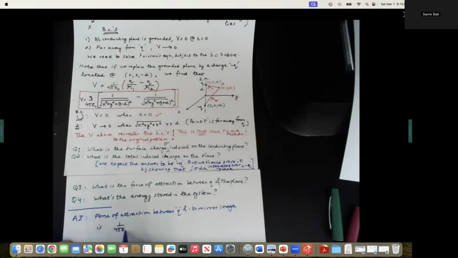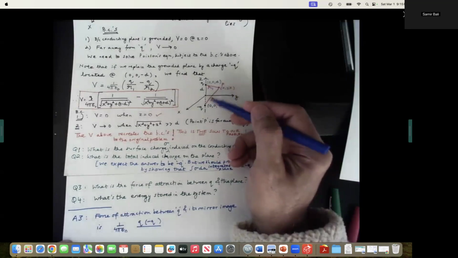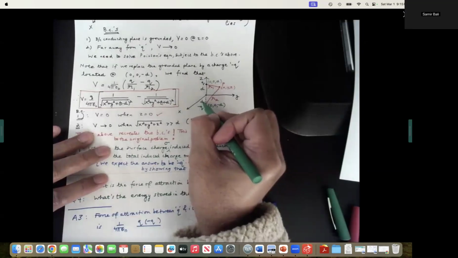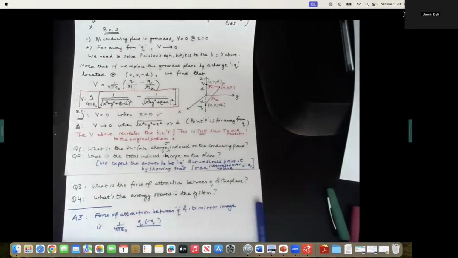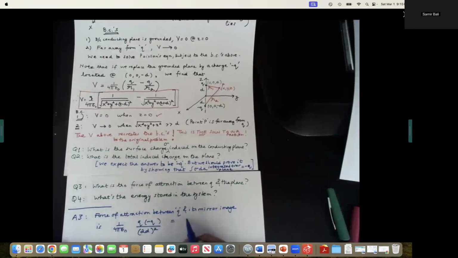It's just Coulomb's law: Q and minus Q divided by the distance between the two, which is 2d, because this also is a distance d below. So 2d squared. Isn't that simple? Isn't that cool? And this answer is an attractive force. And we're done. So that was really easy.